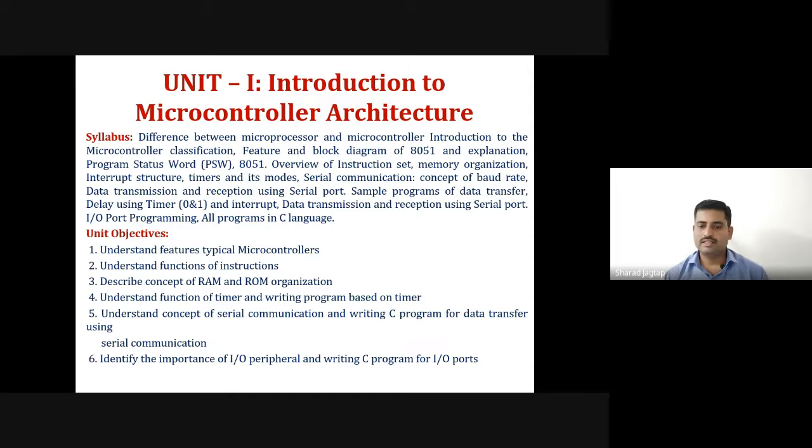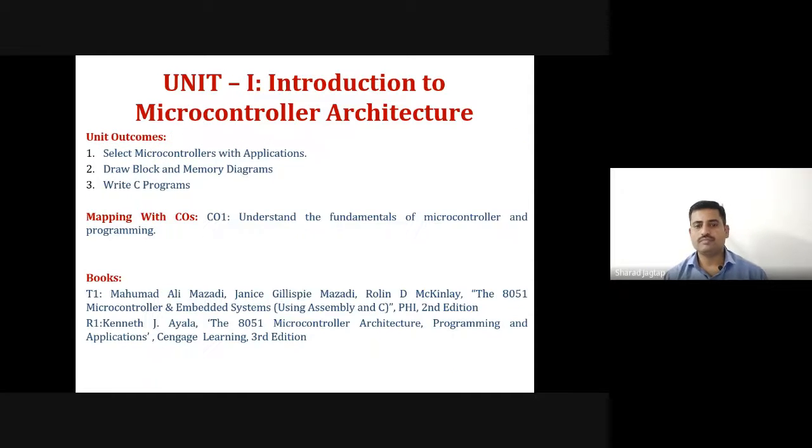Then understand the concept of serial communication and write a C program for data transfer using serial communication. And the last one is to identify the importance of input output peripherals and write C programs for input output ports. So these are the different objectives from the first unit.